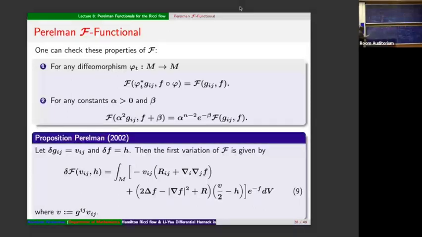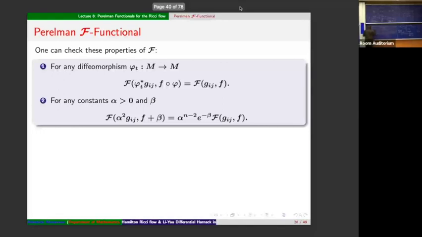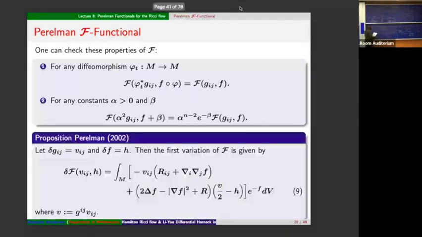That will give us a gradient flow. v_ij equals, let's say, 2 of what we have there, R_ij plus this. So where this is the variation of g, which I can just call the g. Let's call it time now.